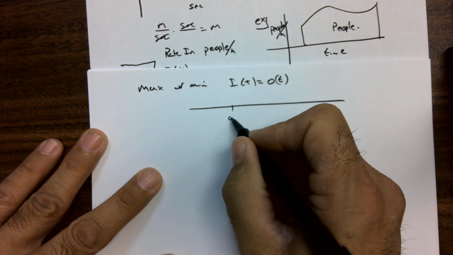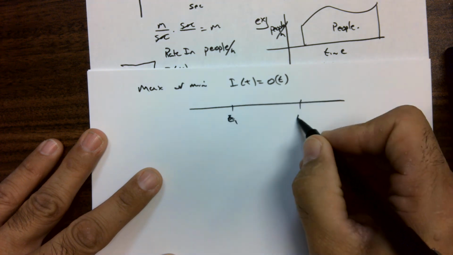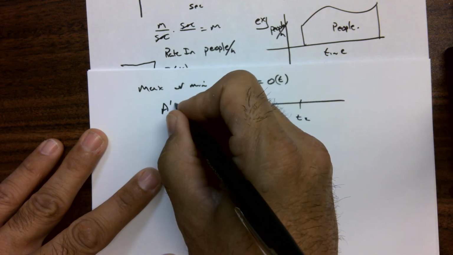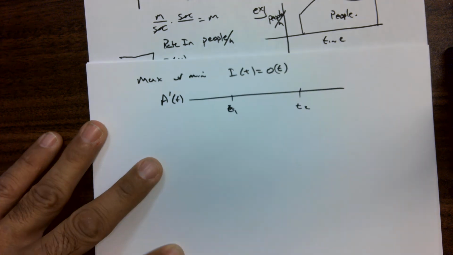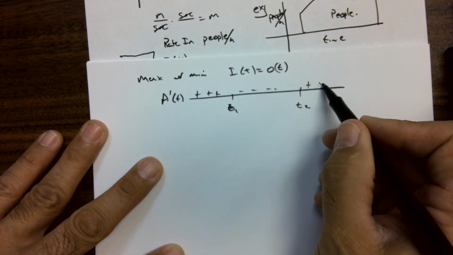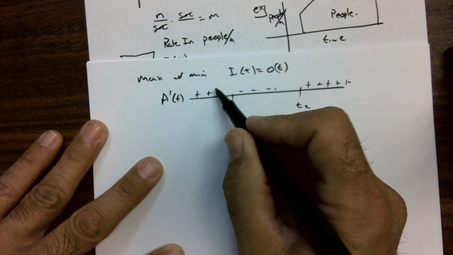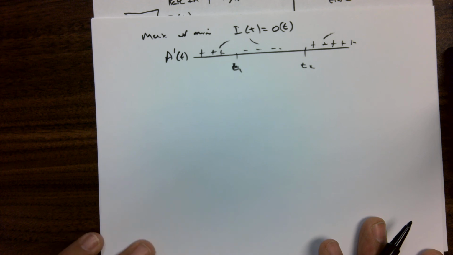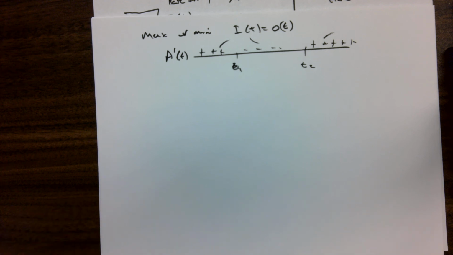And we'll say this is t1 and t2. And this was where A prime of t, and you may have to plug numbers in here, positive, negative, positive, let's say, and then you can determine where you have a max and min. Alright, I know it seems kind of abstract, and let's go ahead and kind of look at an example now.